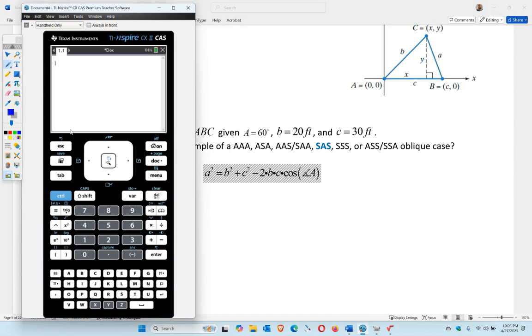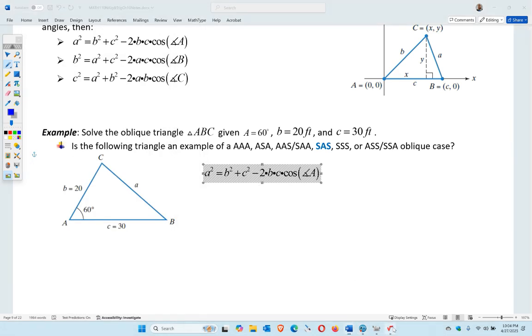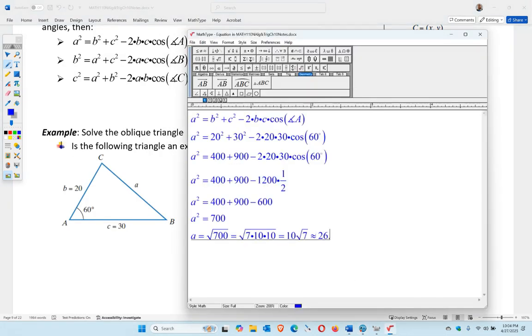Root 700 or 10 times root 7, either way, doesn't matter. It's about 26.4575 feet. Okay, so that's what we get for A. That's our first answer.